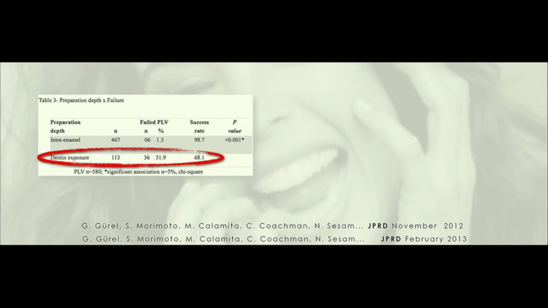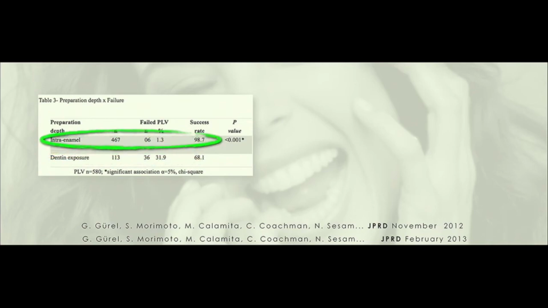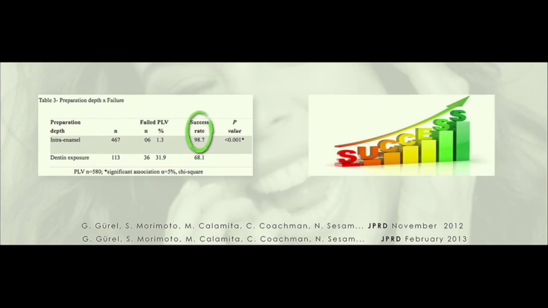Meaning 1 veneer out of 3 will have some problems in the next 12 years. However, if we left it on enamel, we would see the success rate is almost close to 99%. So I fully agree with Silas that, okay, we can bond on dentin, but bonding on enamel is something completely different.